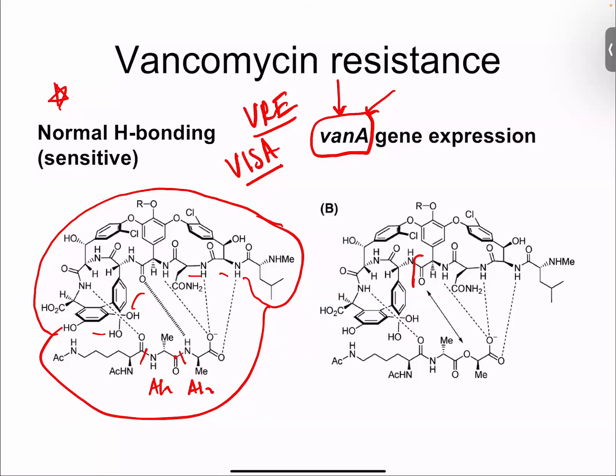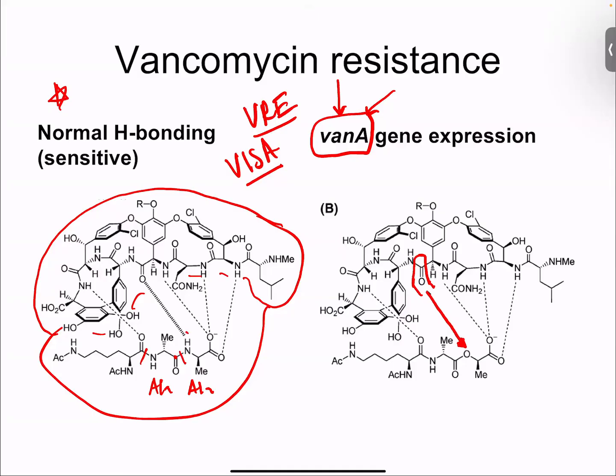We want this carbonyl group as our H bond acceptor to bind to this oxygen in that ester bond. Well, an ester bond and a carbonyl group are both going to be H bond acceptors. There's no H bond donor in D-alanyl D-lactate.